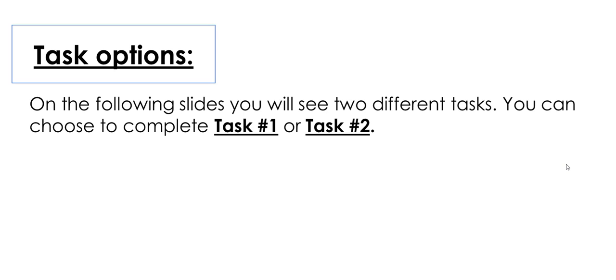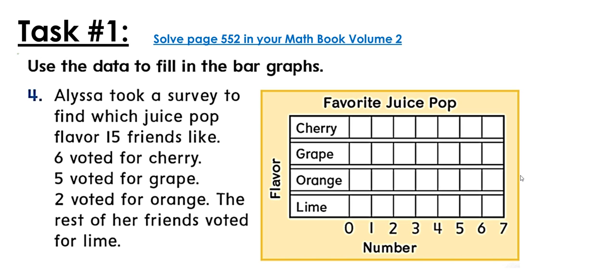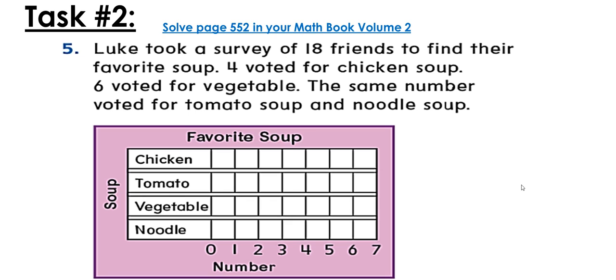Now we have two options in the following slides. You choose to do one of them for your task. In task number 1, you have to solve page 552 in your math book, volume 2. And in task number 2, solve page 552.